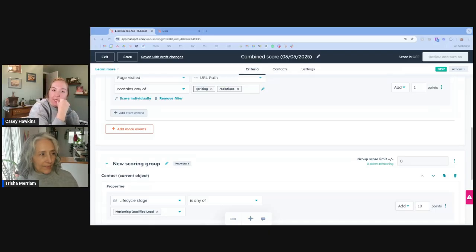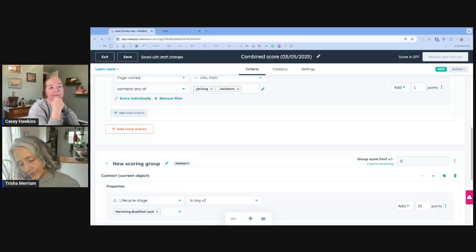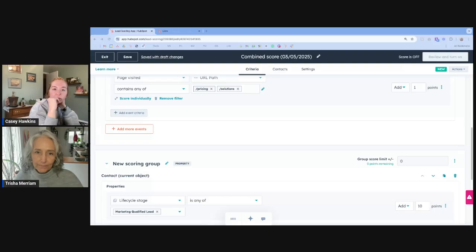But obviously it's a drag on your time to be focusing on those areas. So I really like the idea of automating this more.